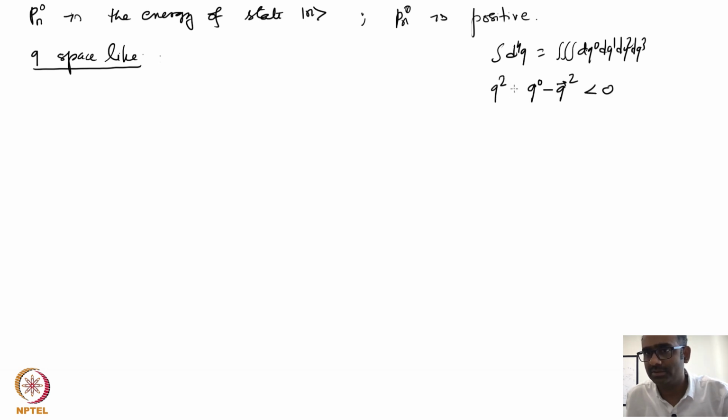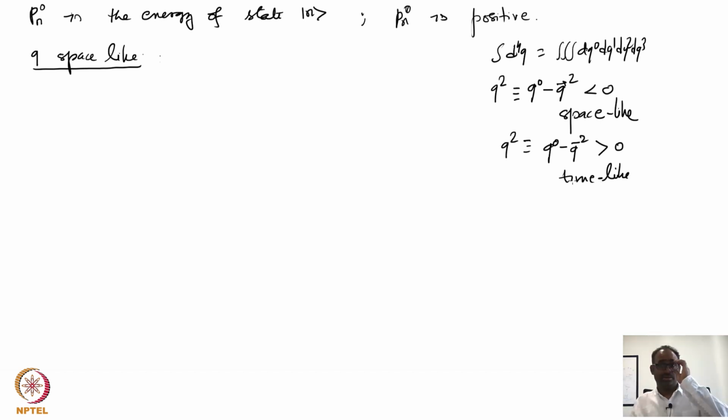That is what is defined as q square. Meaning for some of these it will be space like, and then there will be others for which it will be time like and also light like. Okay, given the metric that we have used, and our metric eta mu nu is plus minus minus minus. So, let's see what we have to say if q is space-like.